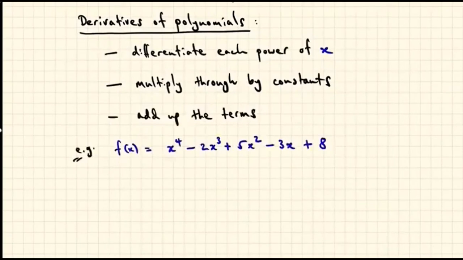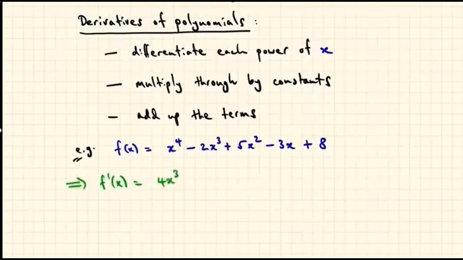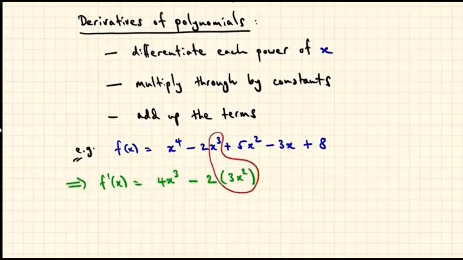Let's take an example. Let's take this polynomial that is of degree 4. And let's differentiate each term and see what we get. So when we differentiate x to the 4, we get 4x cubed. When we differentiate x cubed, we get 3x squared. Constants come to the front, we multiply by the 2 in front.